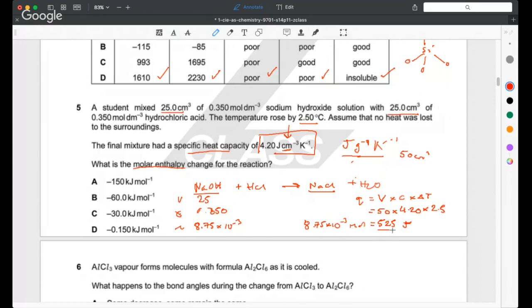But that's 525 joules for that amount, and really we want to find the molar enthalpy change. So to find the amount not for 8.75 times 10 to the minus 3 mole, but for 1 mole, you divide 525 by the amount, and that gives you 60,000 joules. And then you can just say, well, that's the number of joules for 1 mole, and it's a bit easier to express it as 60 kilojoules per mole.